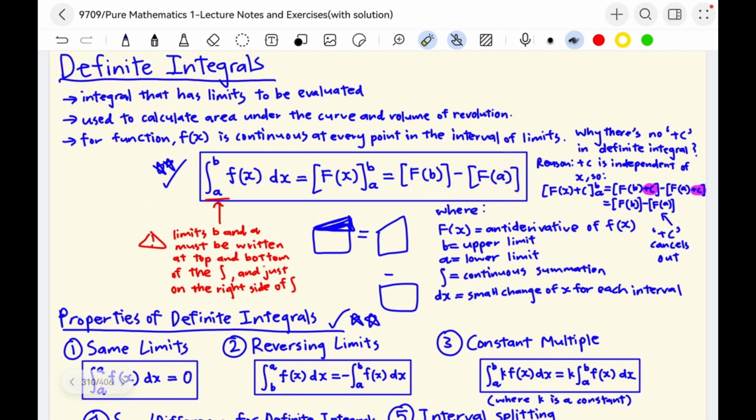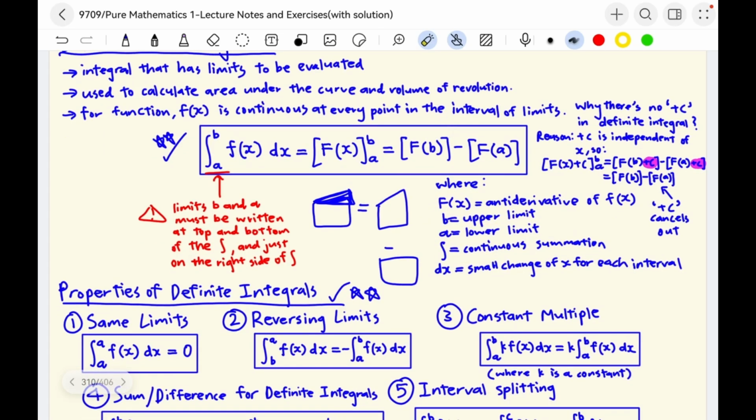But remember that F(x) is the antiderivative of the f(x) that you have integrated. b is the upper limit and a is the lower limit. The integral sign refers to continuous summation, as you know, and dx is the small change of x for each interval.